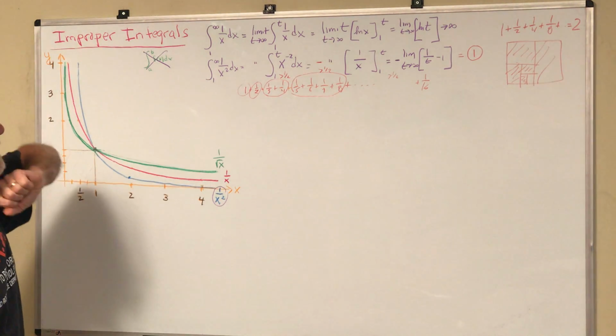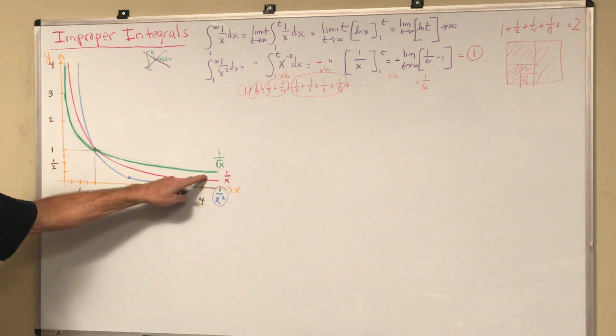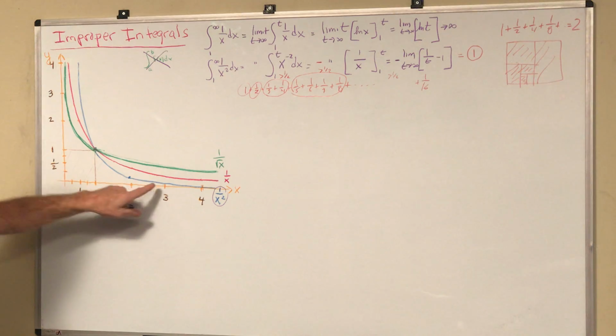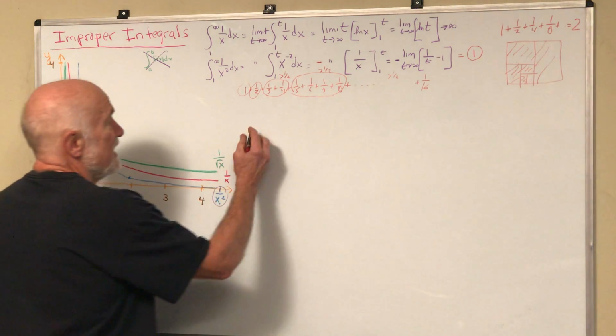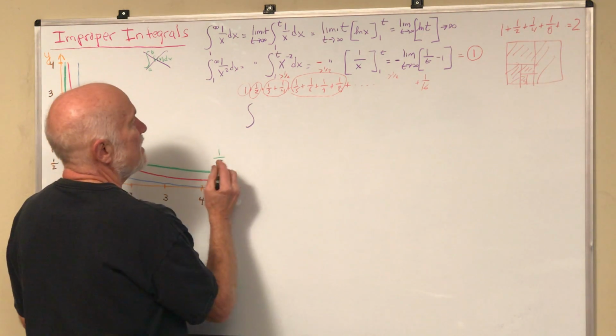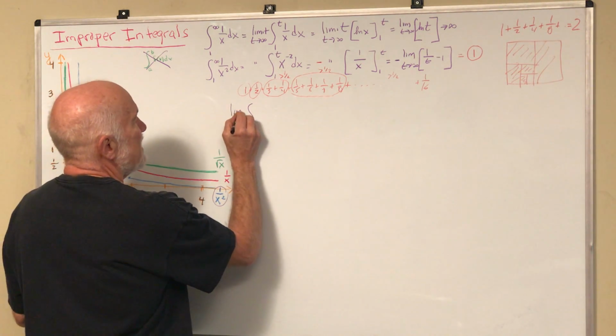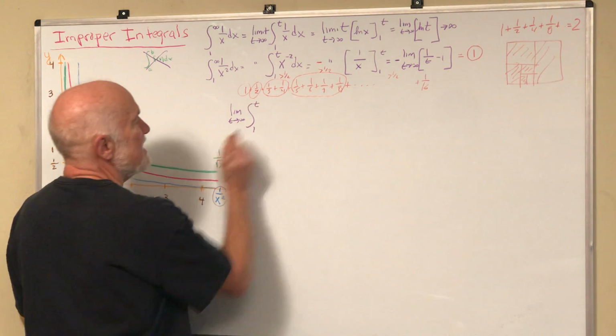Okay, well, what about if we took 1 over the square root of x, this green curve? I think you can see from the picture that it's going to be infinite again, but let's try it just to make sure. Let's take the limit as t approaches infinity from 1 to t.